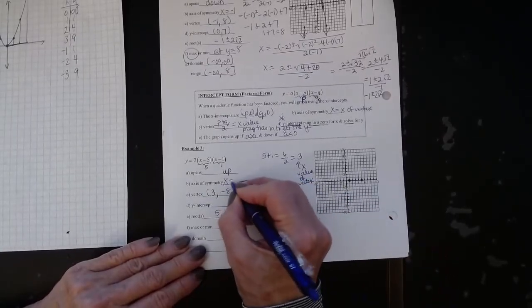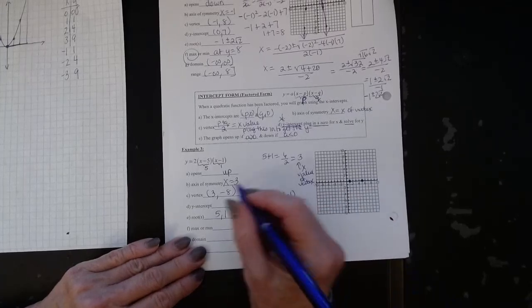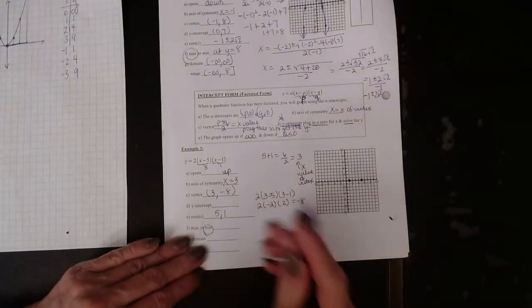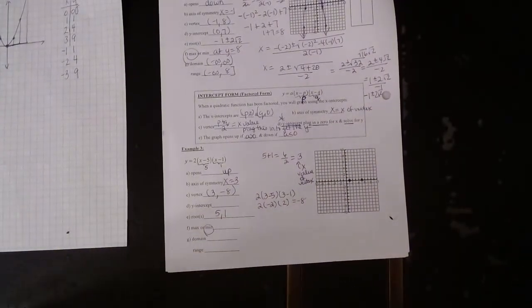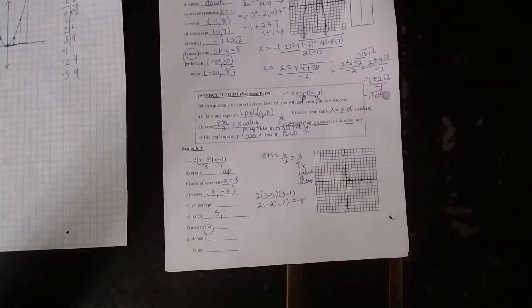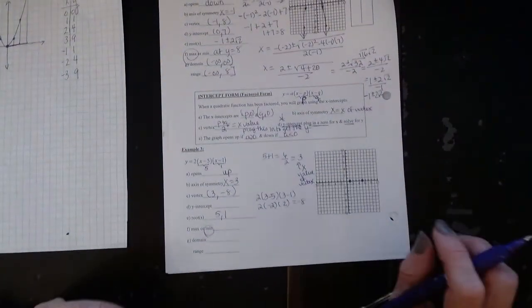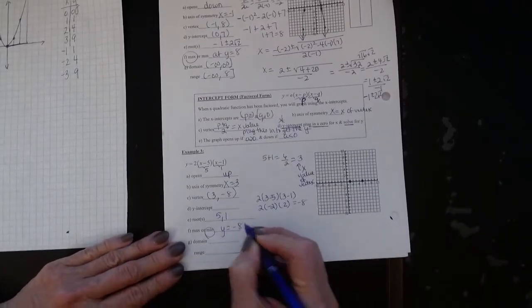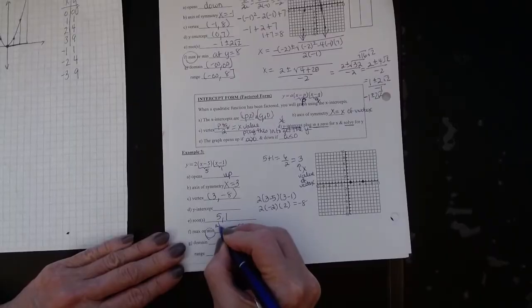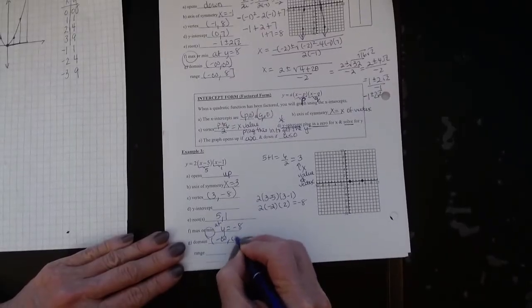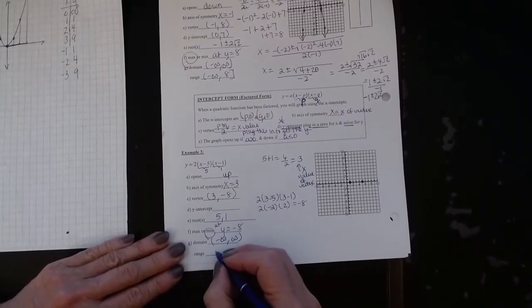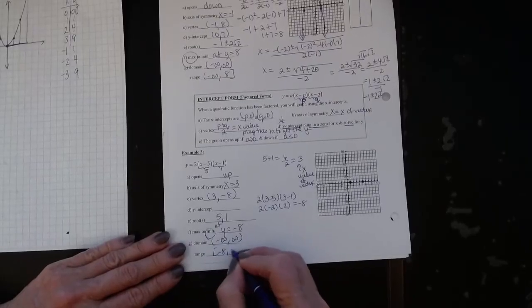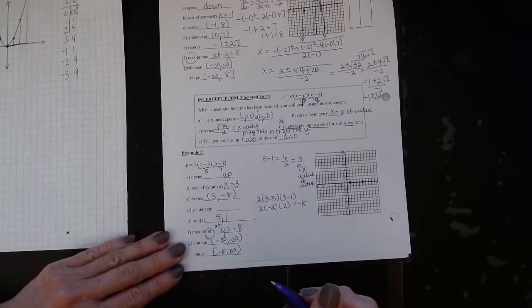Axis of symmetry is x equals 3. Because it opens up, I have a min. The min happens at y equals -8. My domain is -infinity to infinity, and my range is going to be -8 with the bracket to infinity.